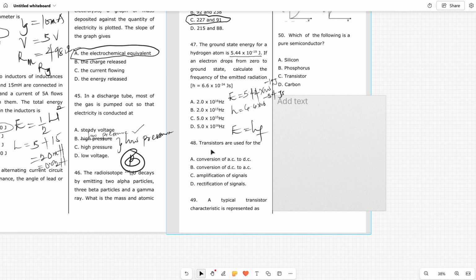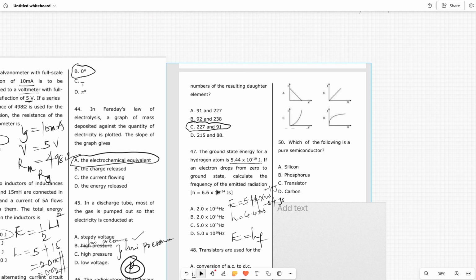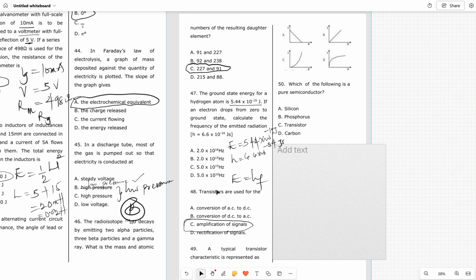Okay. So 48, transistors are used for the, so basically you need to know the use of transistors. So amplification of signals. So think of that. 49, a typical transistor characteristic is represented as, yes, so this is the IV diagram relationship.